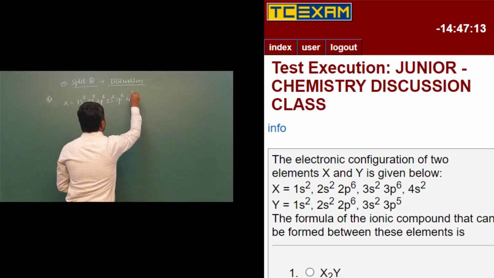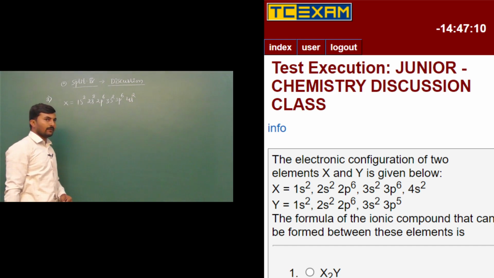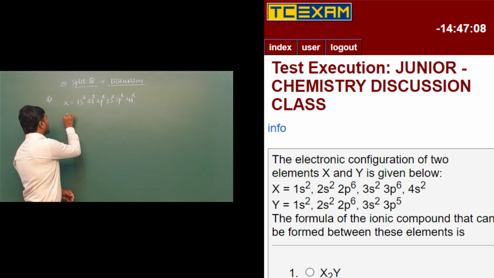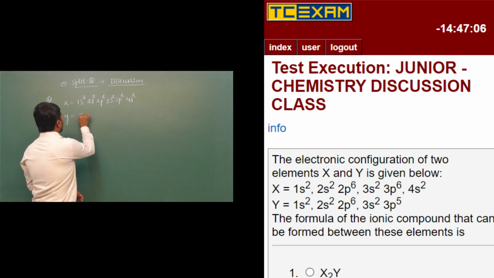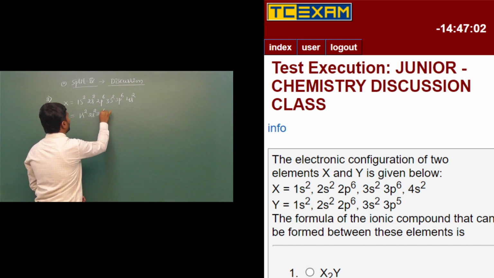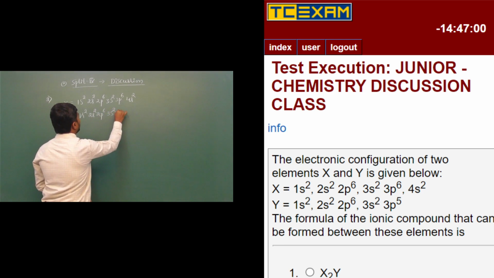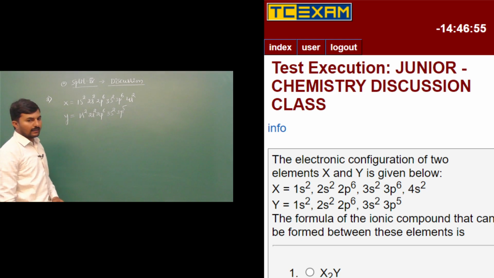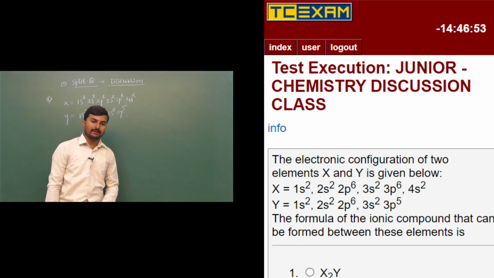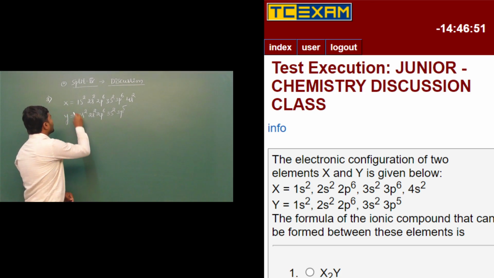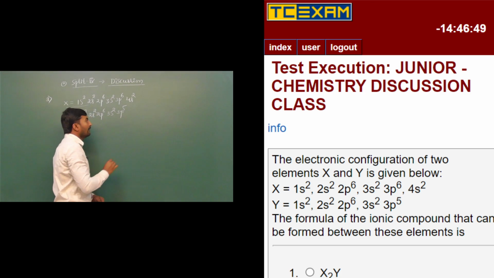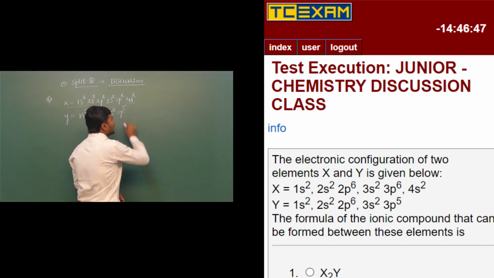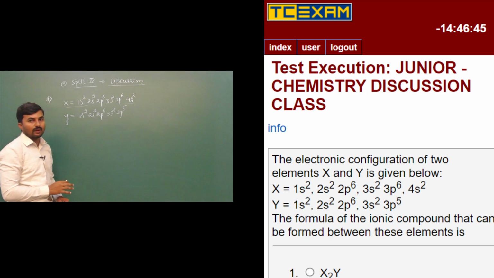This is the electronic configuration of the first element, followed by Y: 1s2, 2s2, 2p6, 3s2 and 3p5. This is the electronic configuration of another element, that is element Y. When we look into the first element X, it has a completely filled s orbital in its last valence shell.